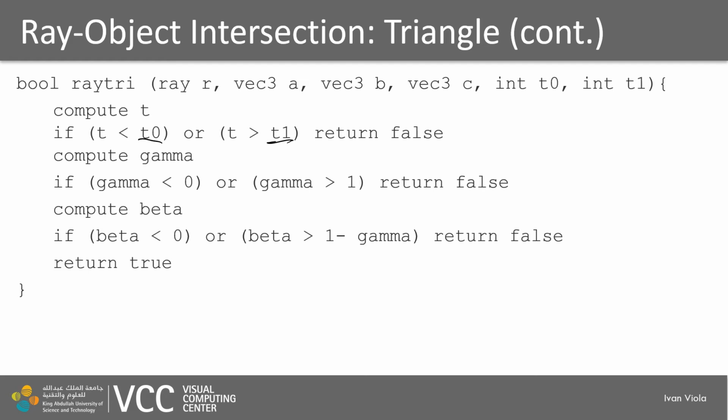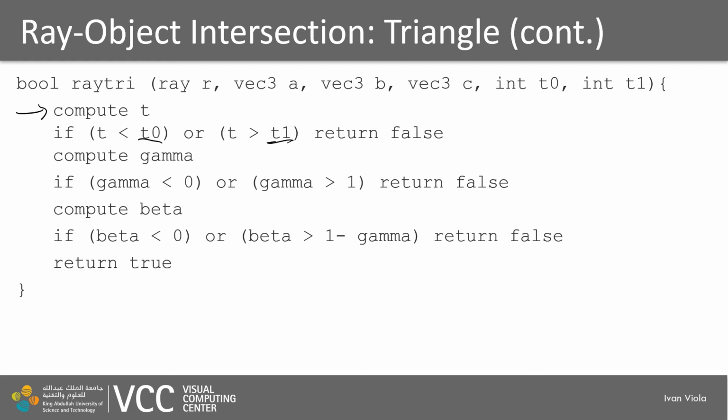So here we have the simple calculation of the intersection with the triangle, where we compute t by this Cramer's rule as described in the previous slide. And if t is smaller than t0 and bigger than t1, then return false.